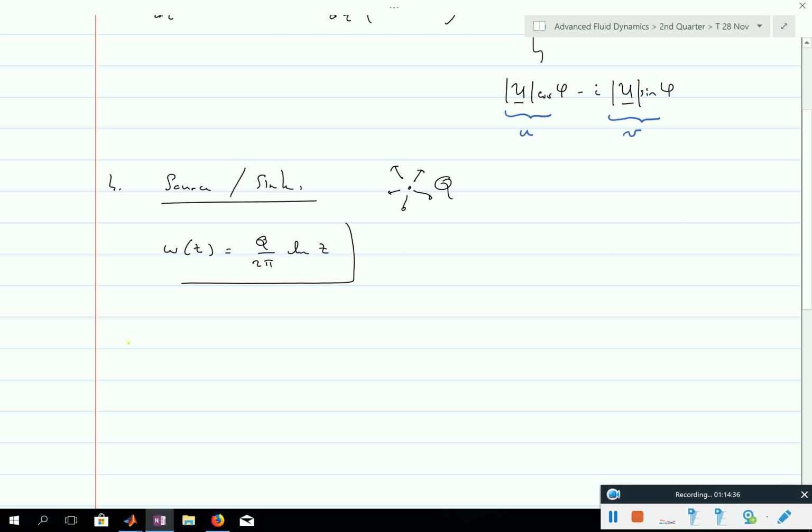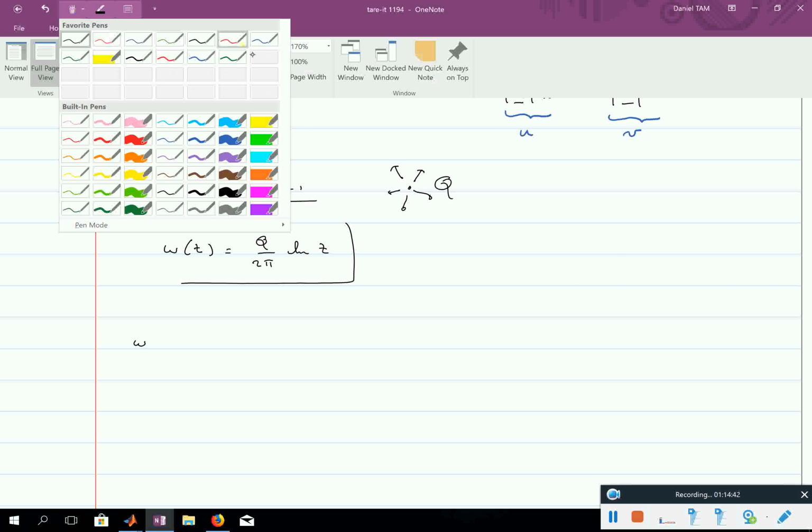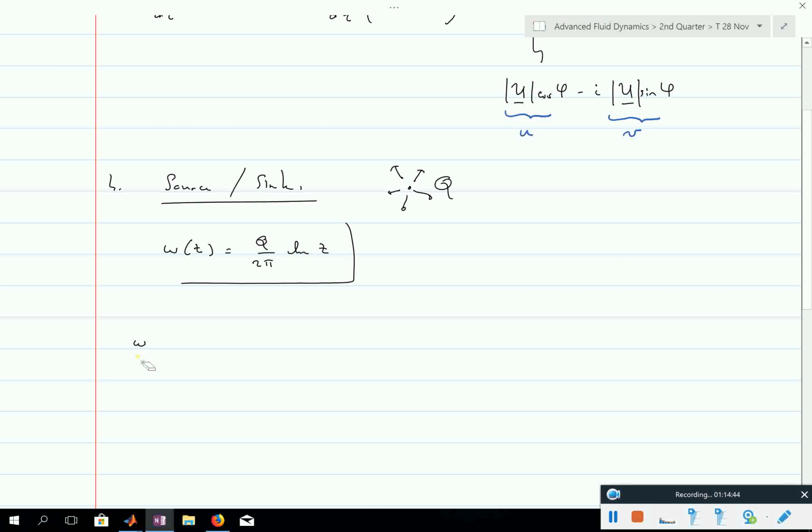Remember that in my complex potential, the real part is my potential, and the imaginary part is my stream function, in principle. So how does that play out?